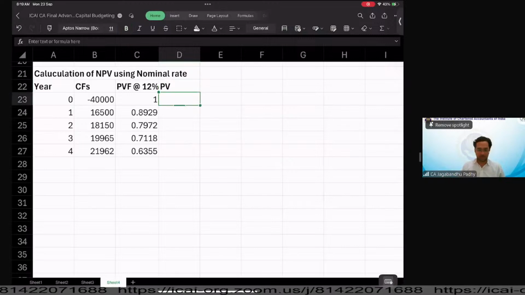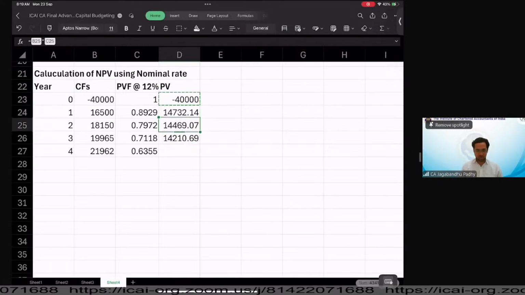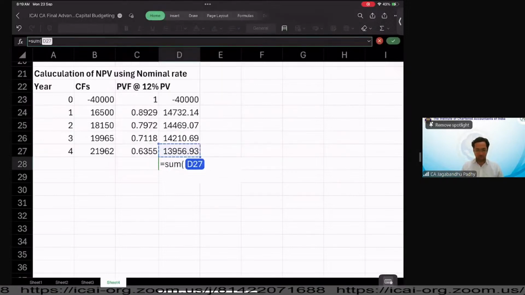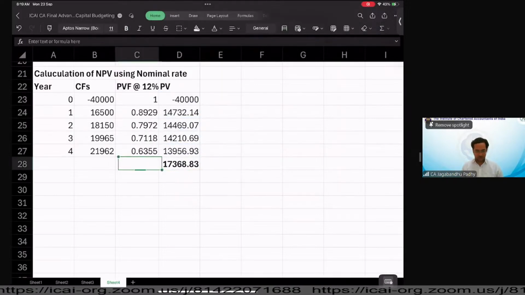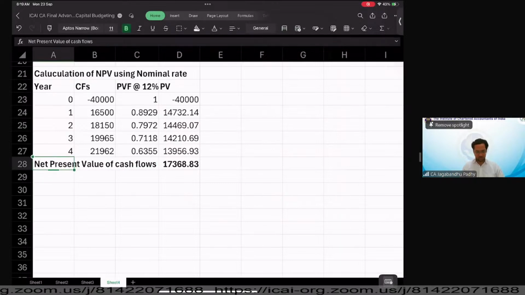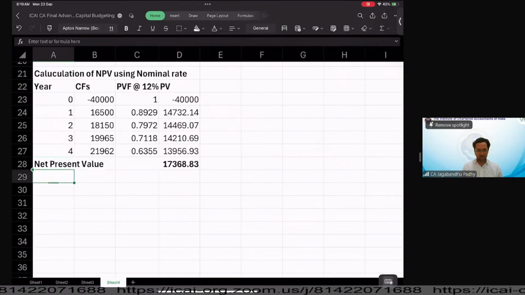And then we take the present value, cash flow multiplied by the factor, and take a total summation of all of the cash flows. That will essentially give us the net present value of cash flows. The net present value we have over here is 17,368.83.